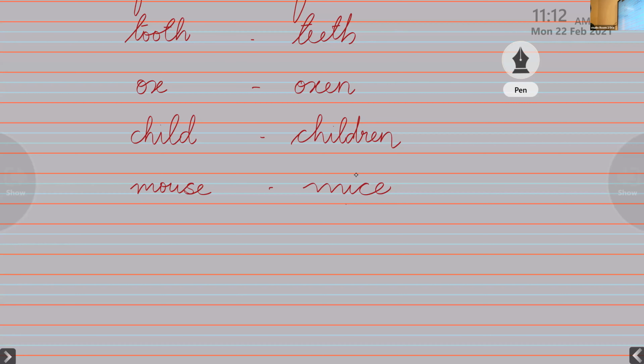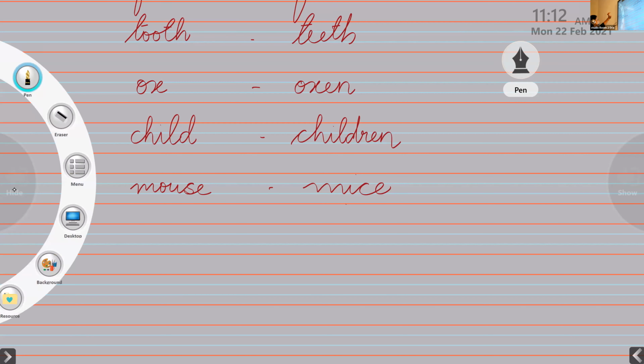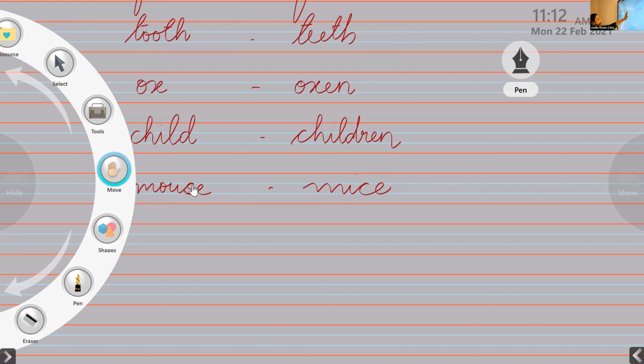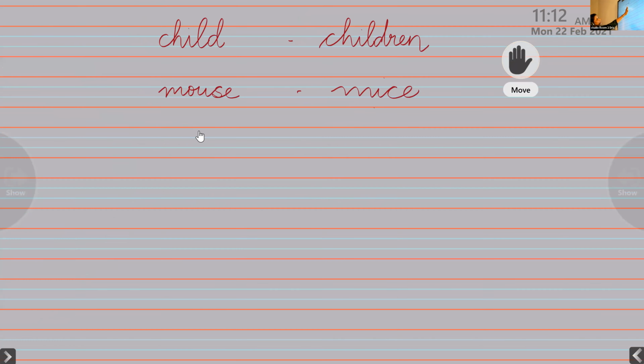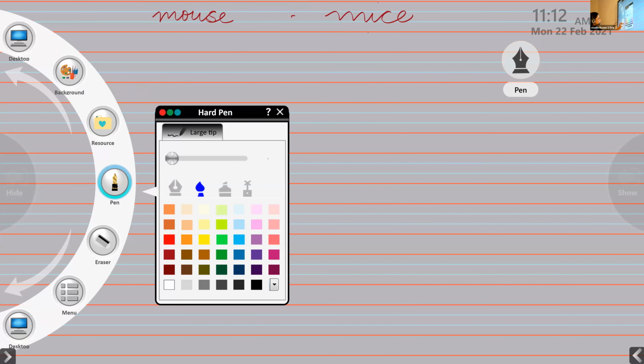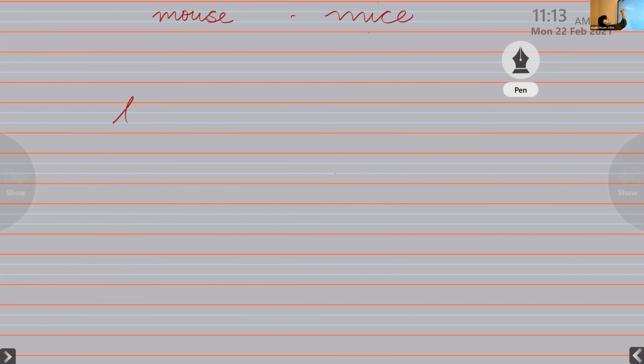Okay, so there are certain words which have only the plural form. Those words are trousers. Only the plural form, trousers.